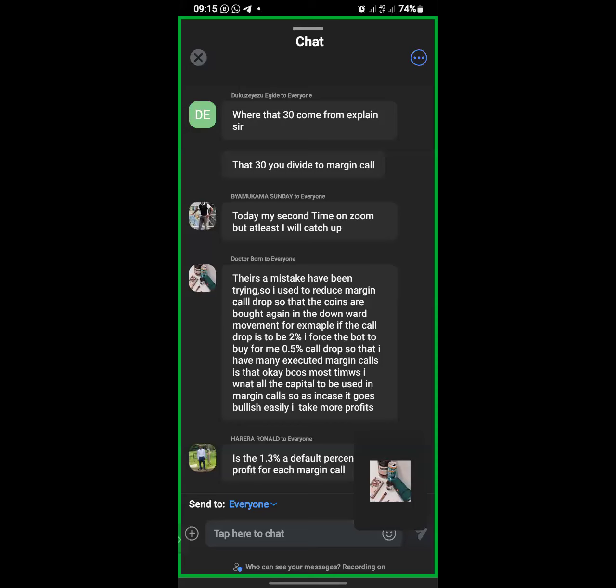I have many executed margin calls. Is that okay? Because most times I want all this capital to be used in margin calls. So in case it goes bullish easily, I take more profits. Yes, we all need that, but you need to understand, now, if I'm trading, I'm not exposing all my capital.